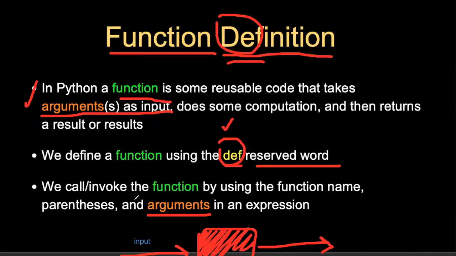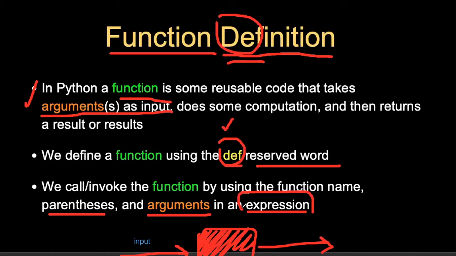The third thing is that you can invoke the function by using the function name, parentheses, and arguments in an expression. Do you remember what an expression is? An expression is typically available inside a statement, and that statement has some sort of assignment to it.